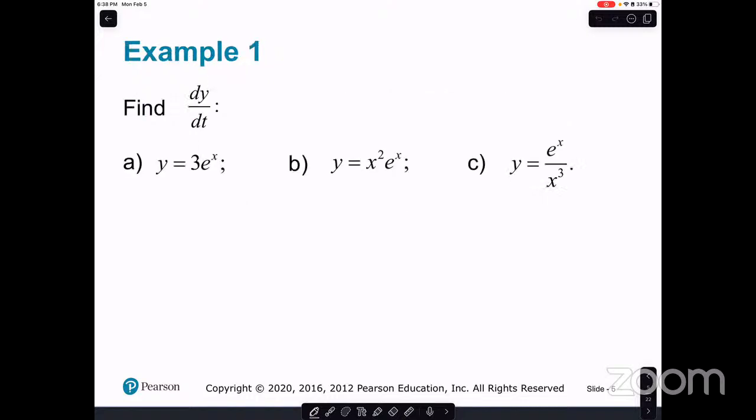So here we're asked to find the derivative of y with respect to t. Maybe they meant x because none of these have t. I think they're supposed to be find dy by dx. Let me look here.